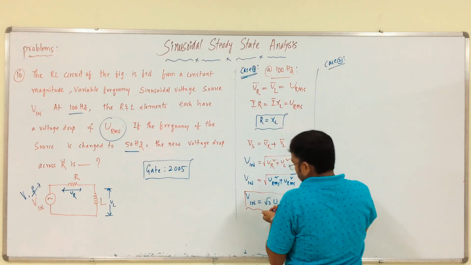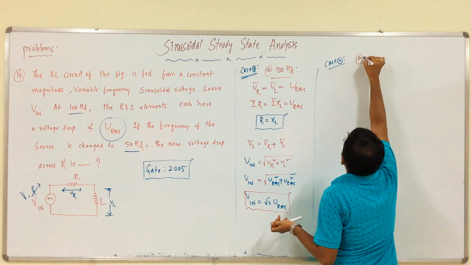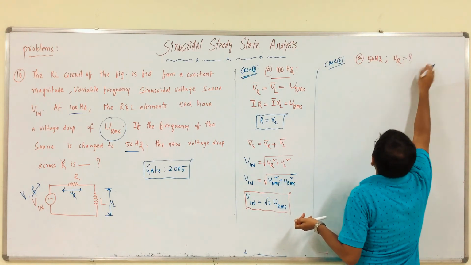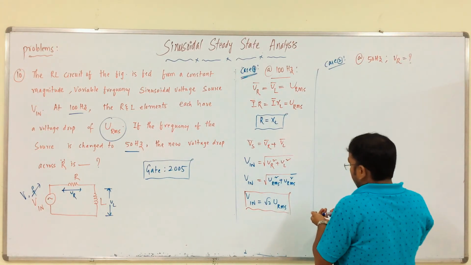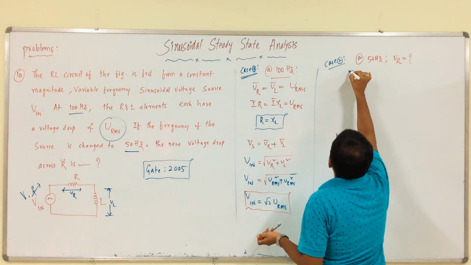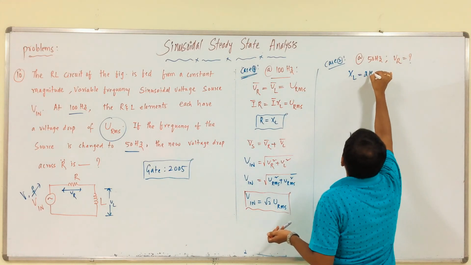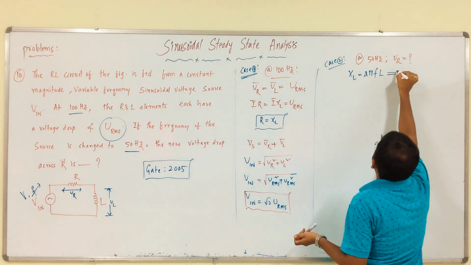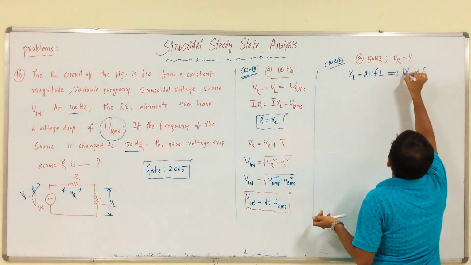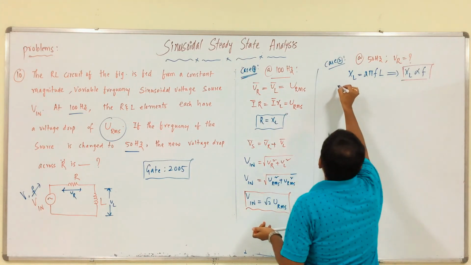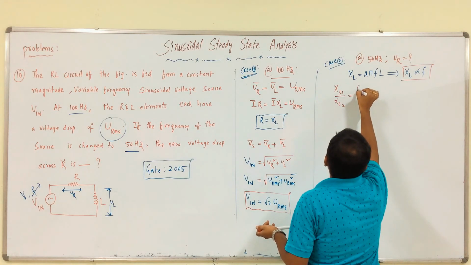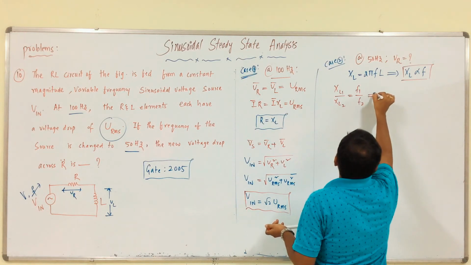What is case 2? At 50 Hz, what is Vr? We all know that XL equals 2 pi FL. Therefore, XL is proportional to F. So XL1 by XL2 is nothing but F1 by F2.